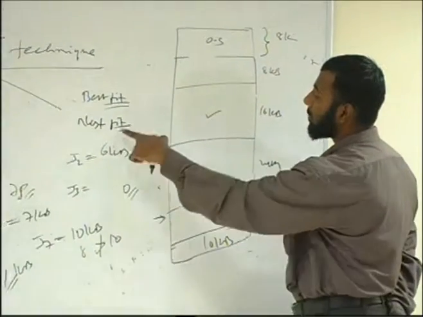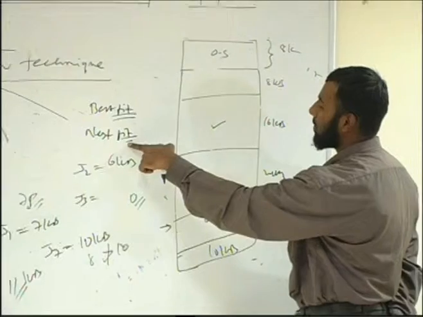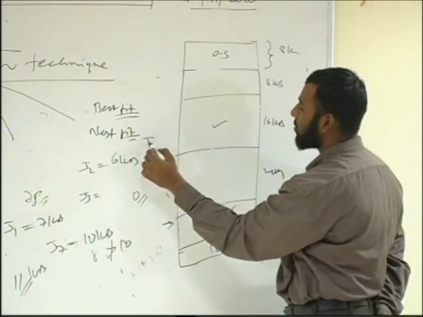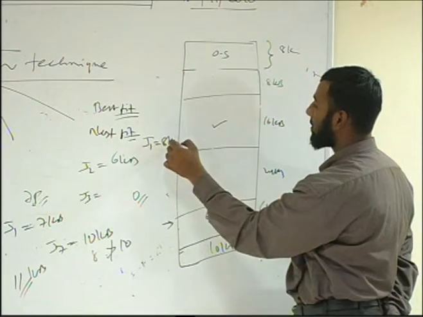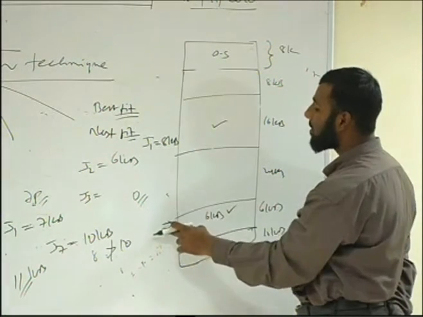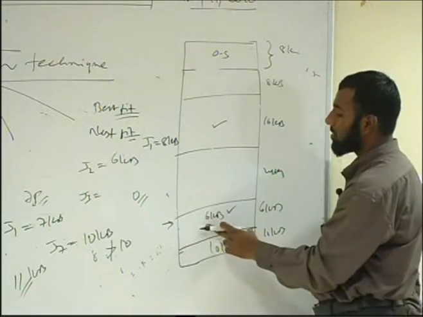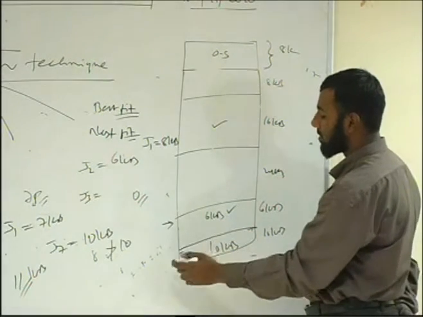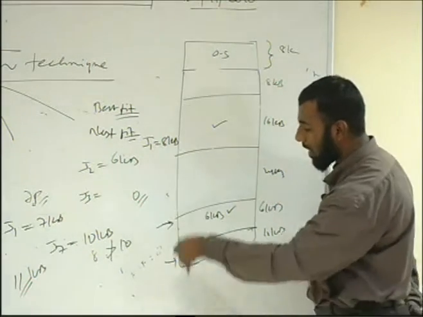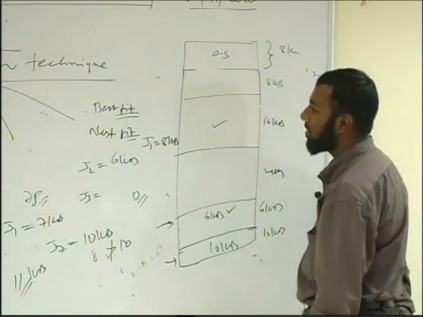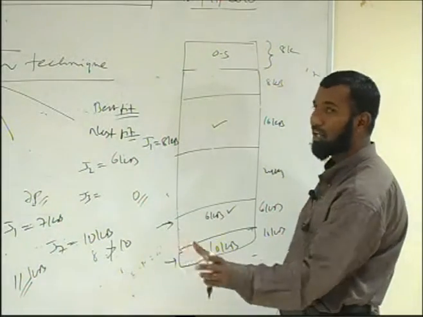In next fit, the algorithm allocates the new job of 8 kilobytes by first seeing the last allocated block. The last allocated block is 6 kilobytes, so it will go to this pointer and, from there onwards, look for an available partition big enough to accommodate this.